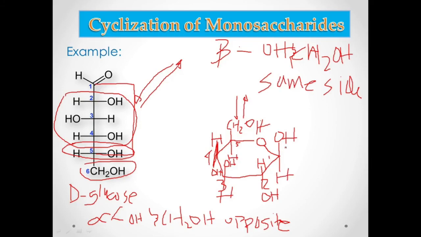Or both the OH and CH2OH will be found at the bottom, and that will still be a beta anomer. Okay, so that's how you convert the Fisher projection formula of a hexose to a Walter-Haworth projection formula.